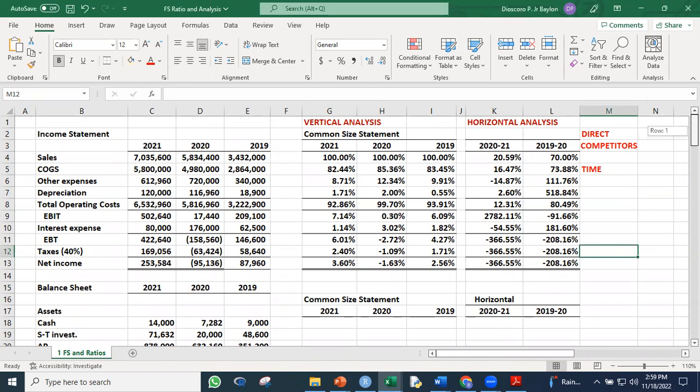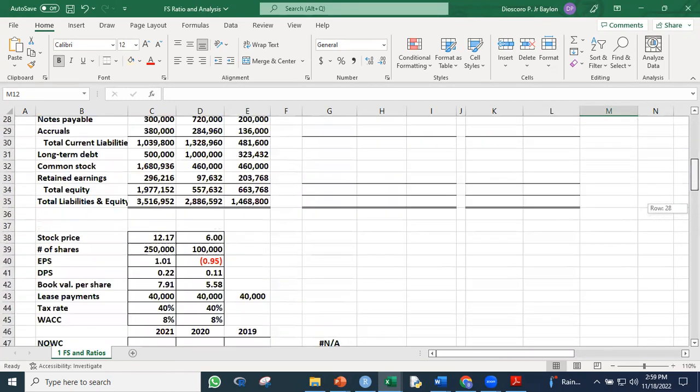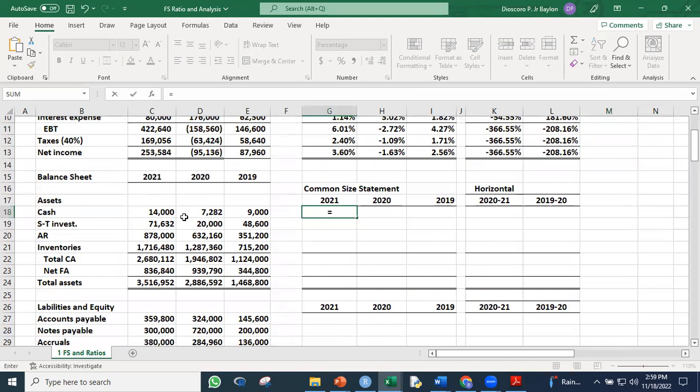Okay, before we go to the analysis of the vertical and the horizontal, let's do this time the balance sheet. For the balance sheet, as far as the common size statement is concerned, everything is expressed, so that's cash divided by your total assets.